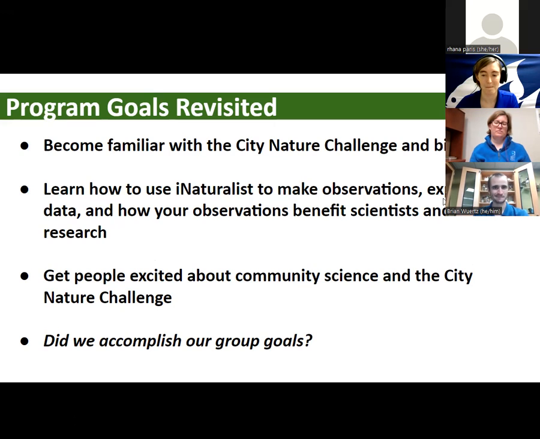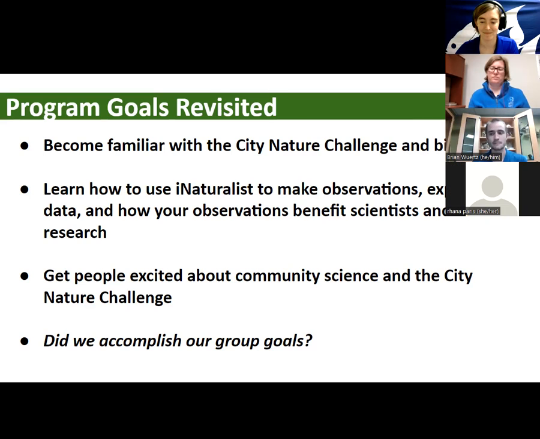Yes, you can. Okay. Your observations will automatically go into both. So whatever project your observation qualifies for, it will be a part of. But when you follow both of those and join both of those through your account, then you'll be able to more easily follow what's happening in those groups and see the other observations.